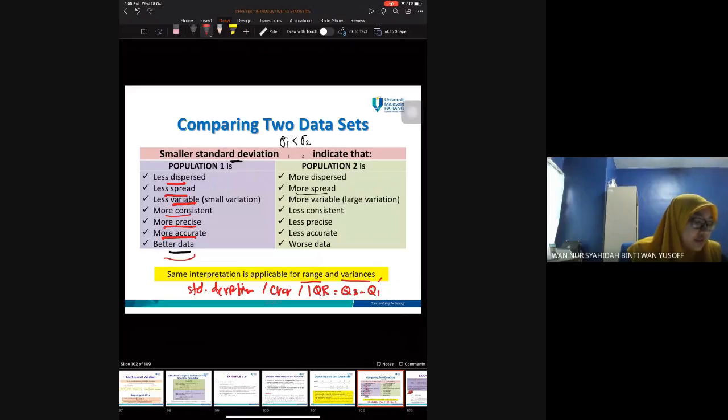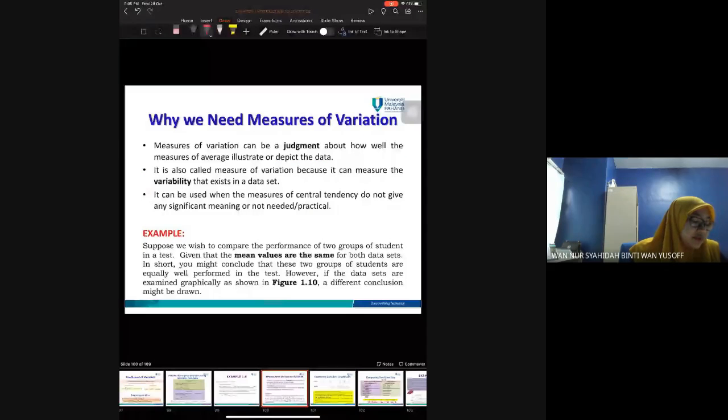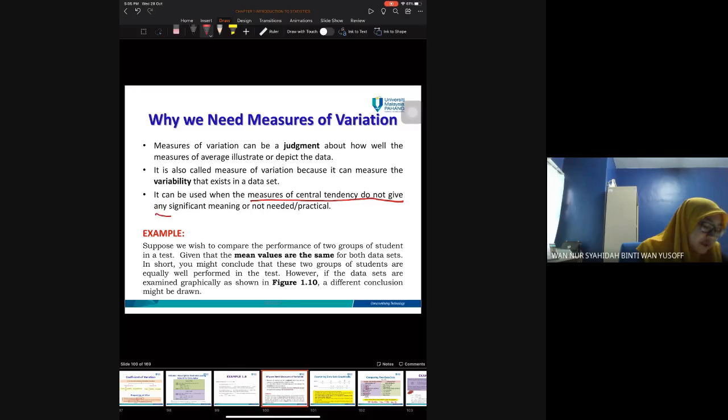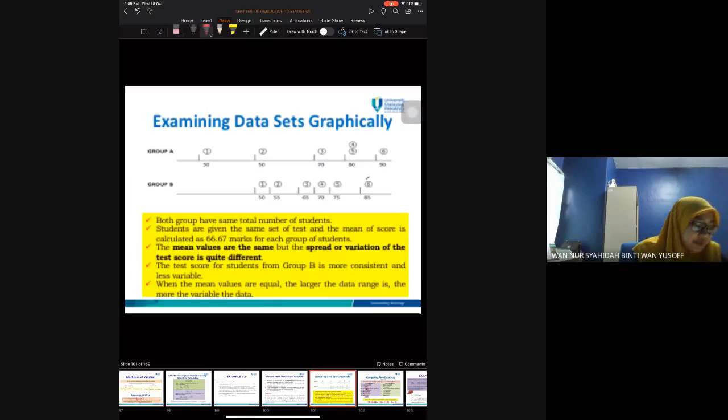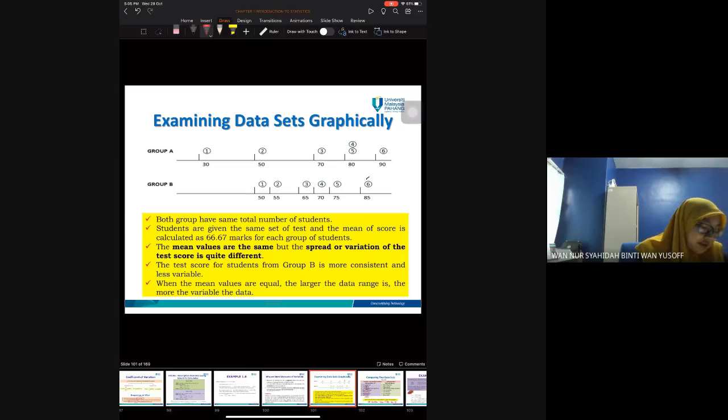So why do we need measures of variation? To judge how good the data is, and also to judge how well the measure of average illustrates the data. As I said, sometimes a measure of central tendency does not give any significant meaning. For example, we have this group of data, which is the score of a task. For both groups we have 6 data values.